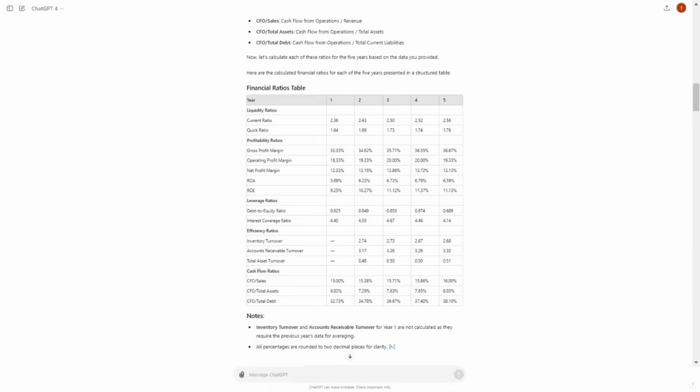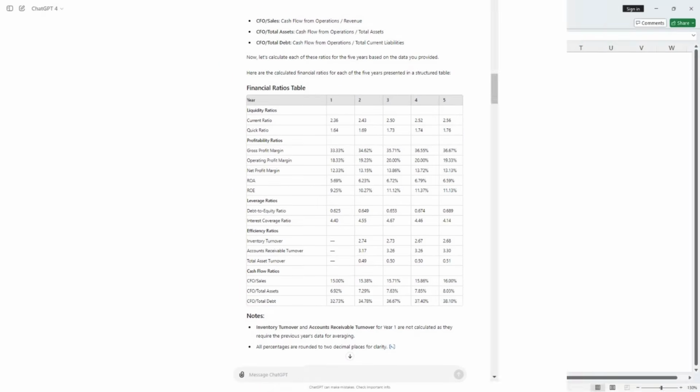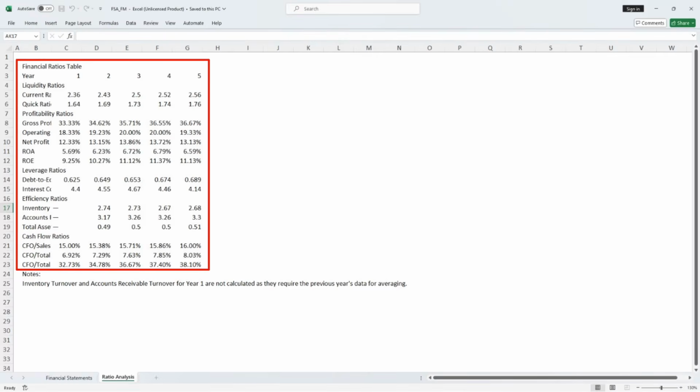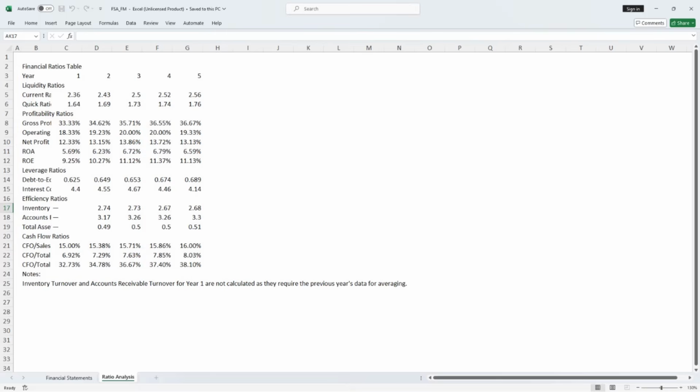After ChatGPT generates the ratio analysis table, we can easily copy it and paste it into the ratio analysis sheet in our Excel file. This automation by ChatGPT streamlines the ratio analysis process, requiring only minimal formatting adjustments from us.